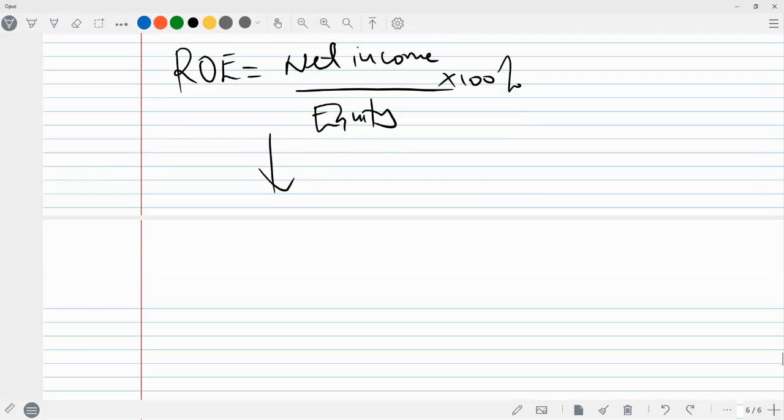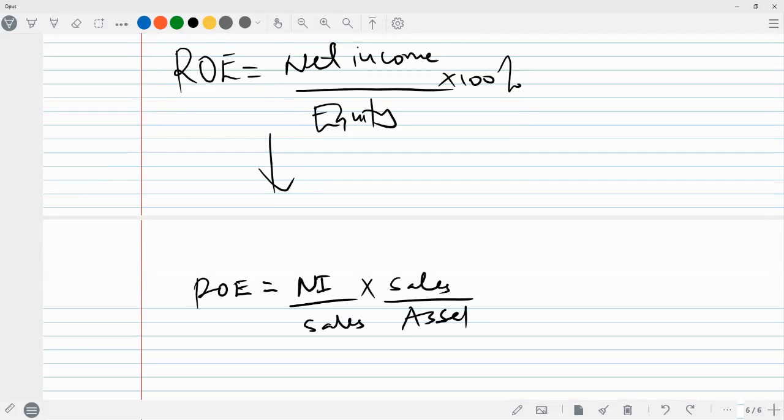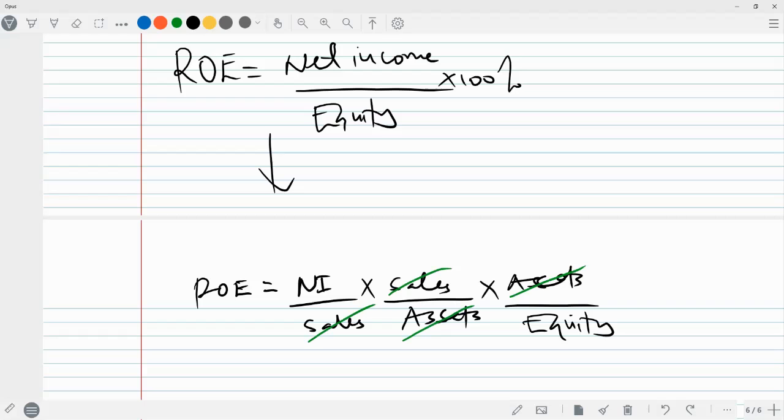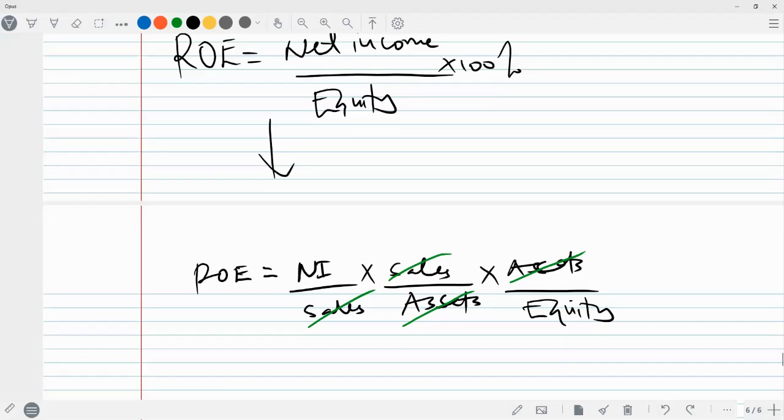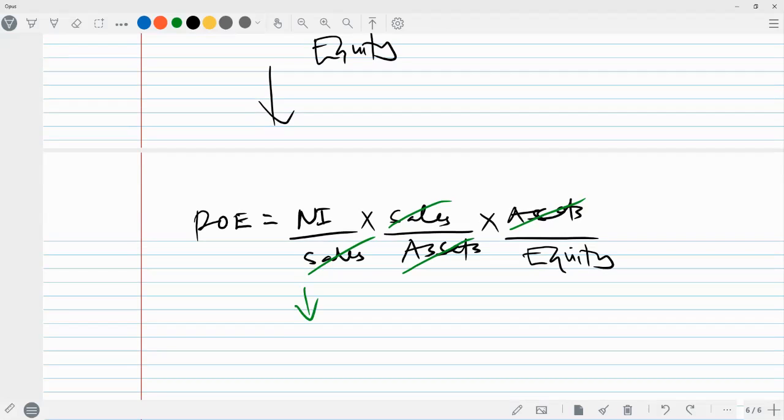Return on equity is equal to net income divided by sales, times sales divided by assets, times assets divided by equity. If these cancel each other out, we go back to the original equation, net income divided by equity. So this is our net profit margin.